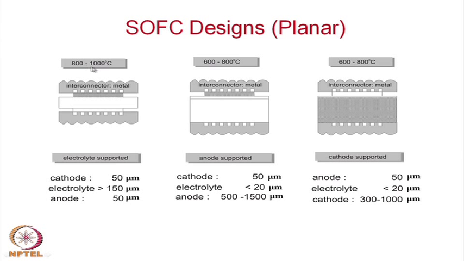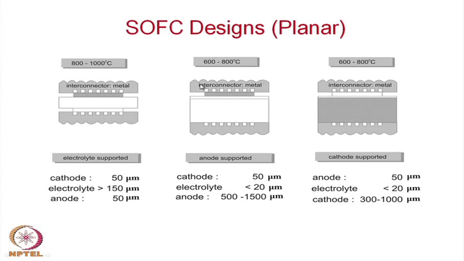So, the operating temperature is 800 to 1000 degree centigrade. By reducing the thickness of the electrolyte, one can reduce the operating temperature to 600 to 800 degree centigrade. So, in both anode supported and cathode supported cells, where the electrolyte is much thinner, about 20 micron in thickness, the operating temperature can come down. So, this is one advantage of this.